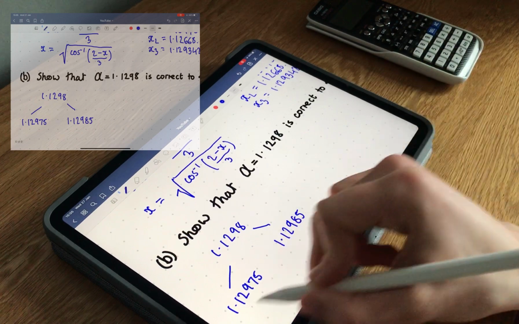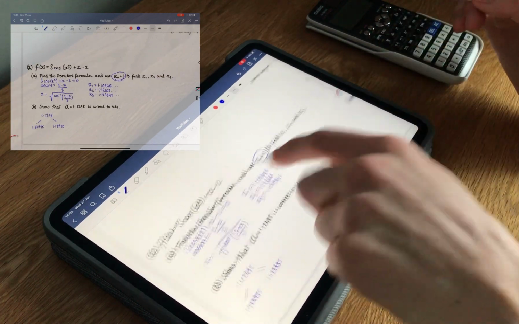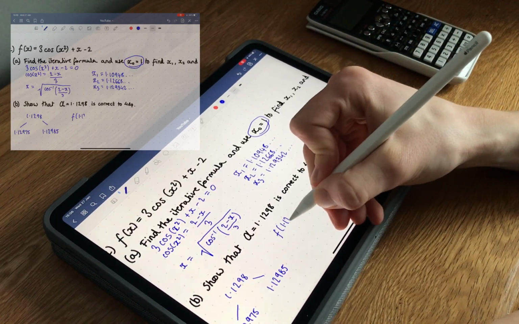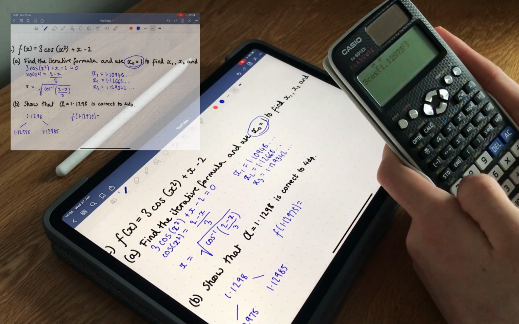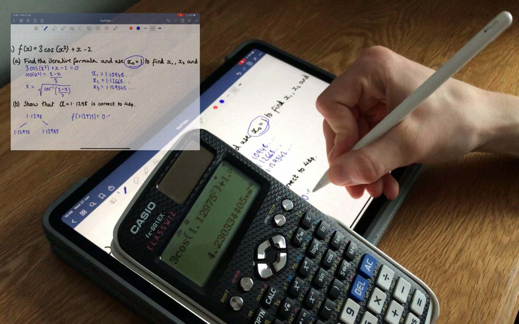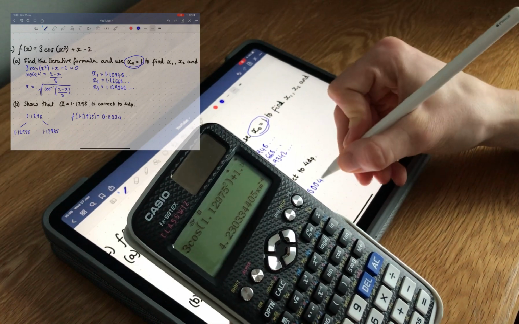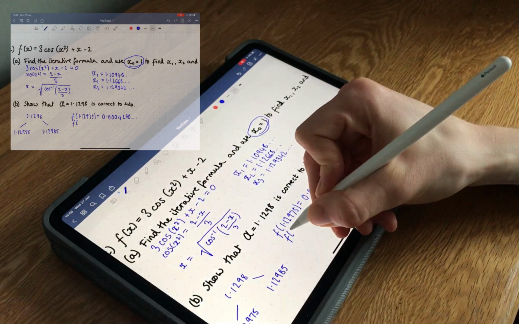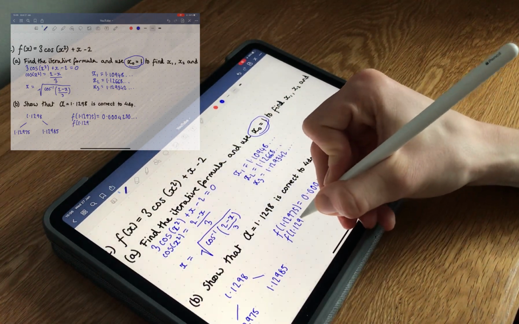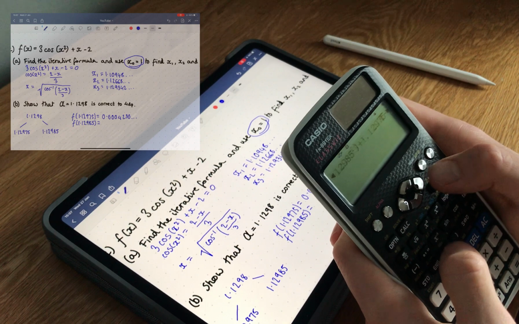Then we want to put both of those back into the original function up here, f of 1.12975, and just type that into your calculator. So we get 0.0004230, etc. And then we want to do f of 1.12985 now.